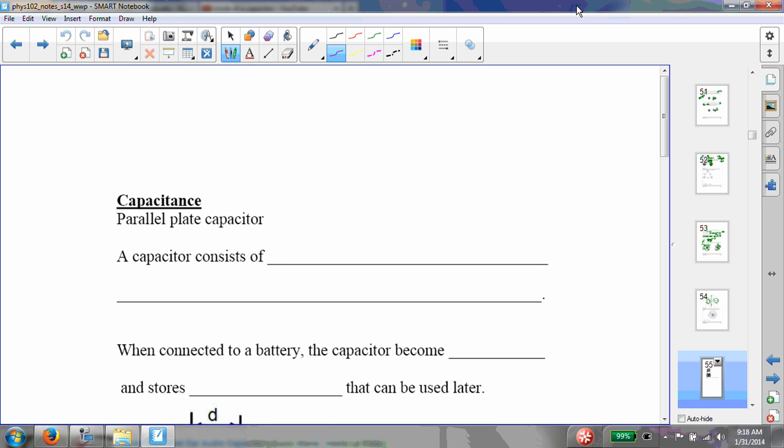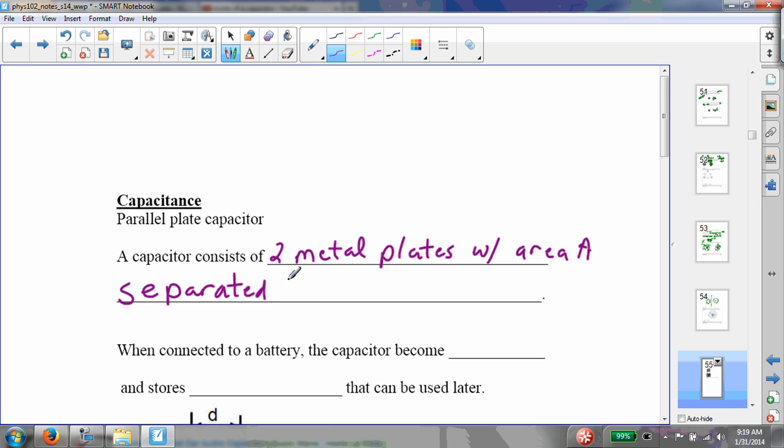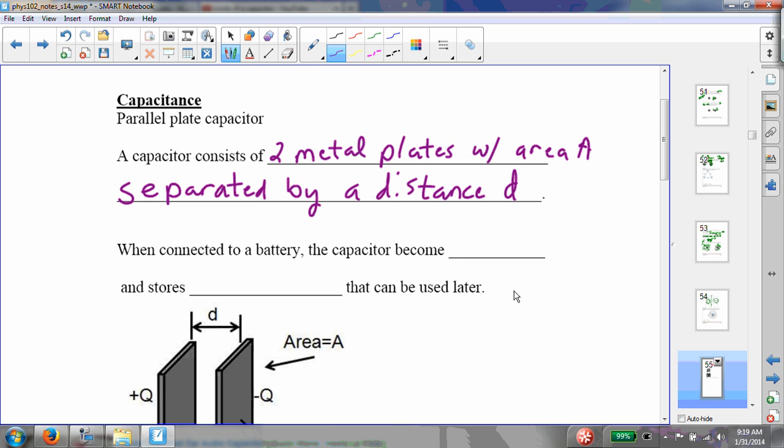It consists of two metal plates of an area A separated by a distance D. And when connected to a battery, the capacitor becomes charged, and it stores energy that can be used later.